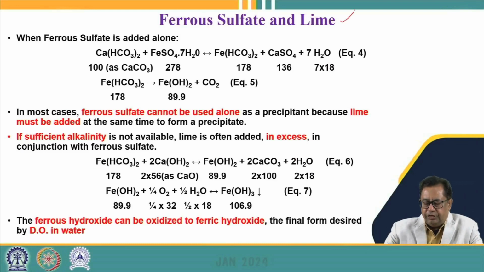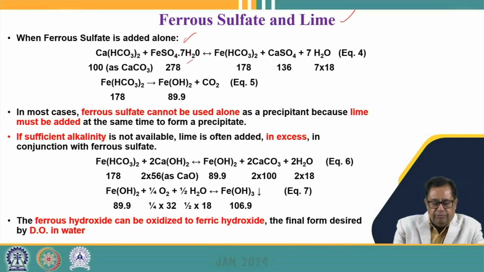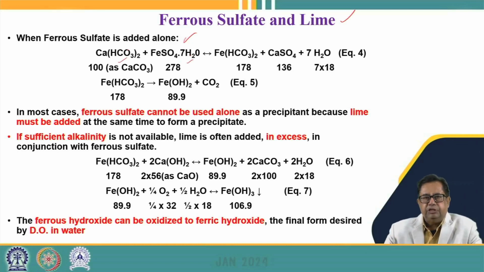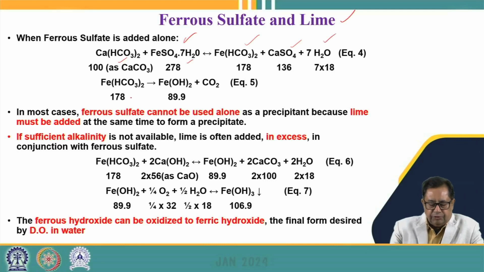The ferrous sulfate and lime combination can also be used for the chemical precipitation method. When we are using ferrous sulfate alone, we can see that the ferrous sulfate may combine with the alkalinity which is present in the water or wastewater, and it may form ferrous bicarbonate and calcium sulfate and water, whereas this ferrous bicarbonate may again decompose into ferrous hydroxide and carbon dioxide.